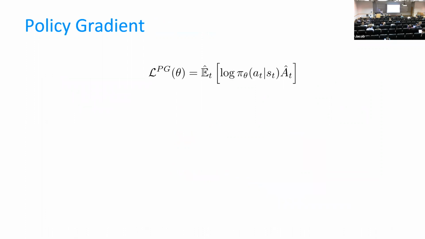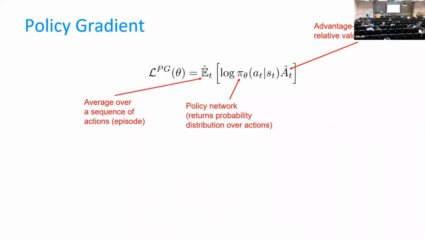Okay, so this is our policy gradient objective function. We have a couple of parts here. We have a policy network, pi, parameterized by theta, which takes as input a state and predicts which action we will take. Then we take the log of that policy, and we take the dot product of that with what we'll call our advantage vector.